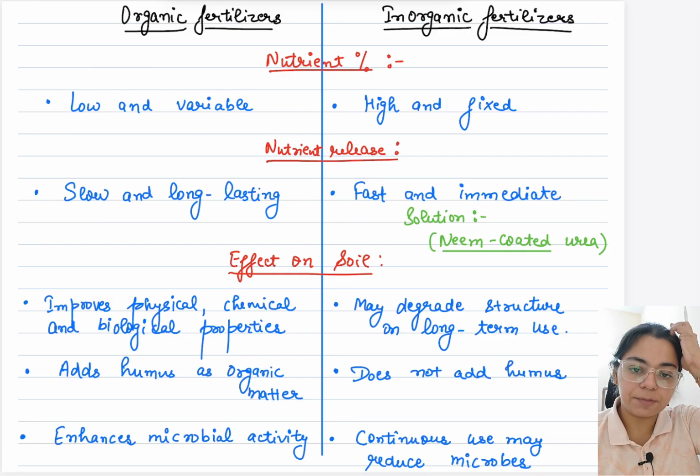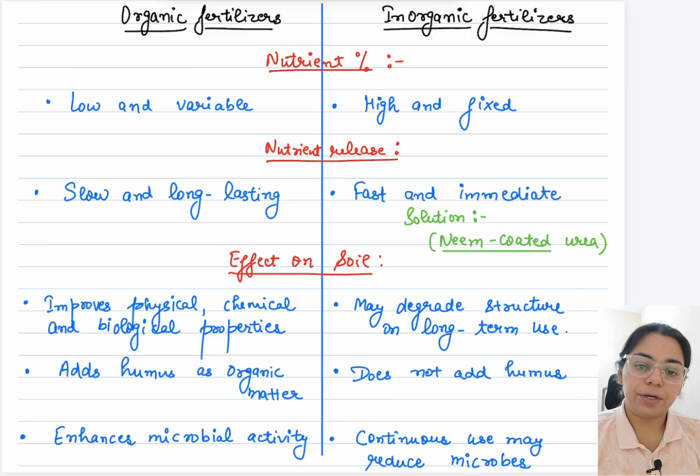We cannot say that one specific fertilizer has only one or two nutrients in it. An organic fertilizer may have one nutrient in slightly greater percentage than another, but the number of nutrients will be variable and their percentages respectively will be low.